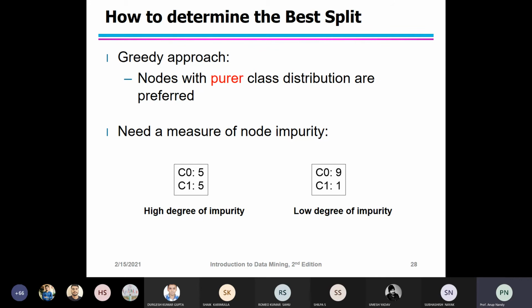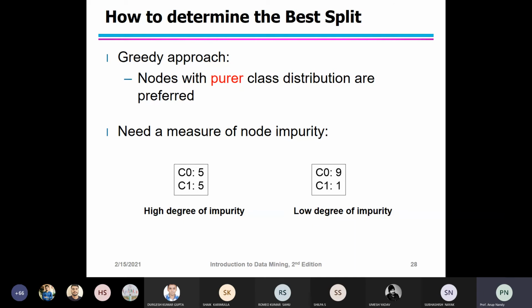The measures that can be developed for selecting the best split are based on the degree of impurity of the child nodes. So you need to compute the degree of impurity.